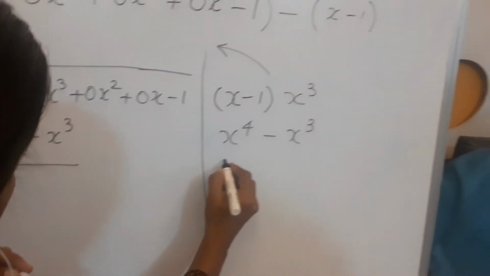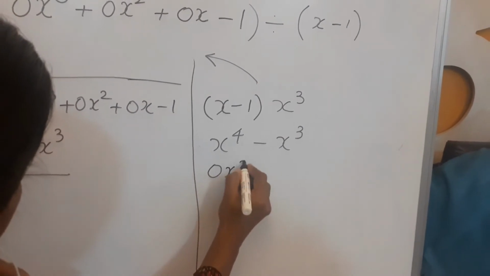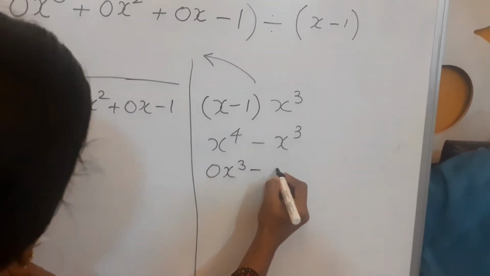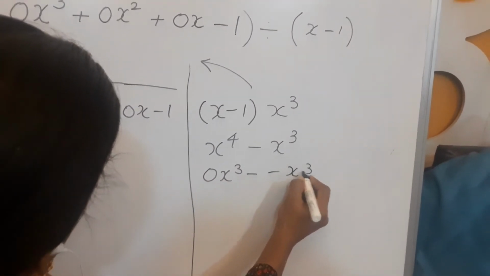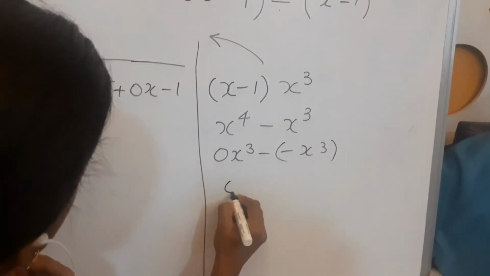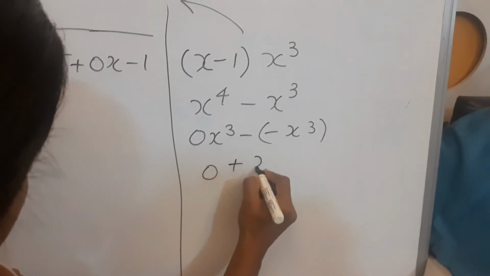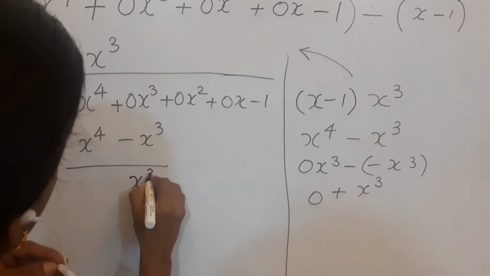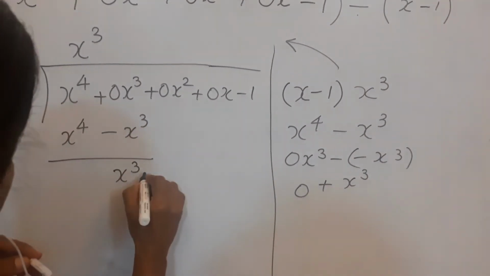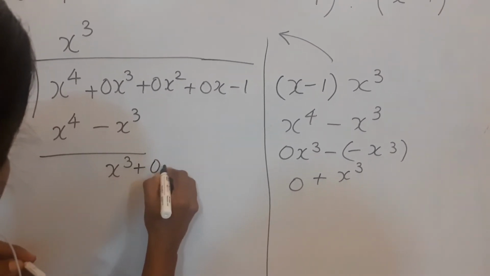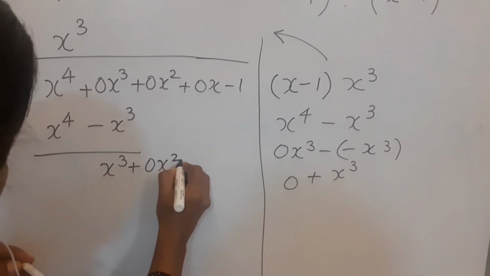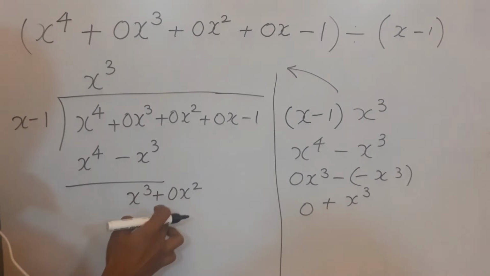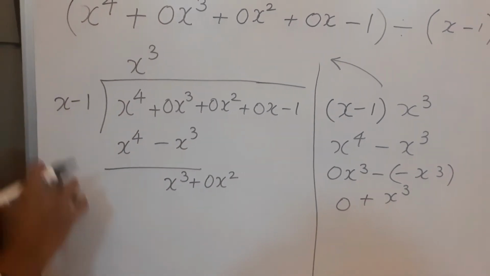Again, as I said earlier, 0x cube minus x cube. So this will be 0 plus x cube. So you write x cube here and take down the remaining thing, plus 0x square. Alright, now again we need to divide this with x minus 1.